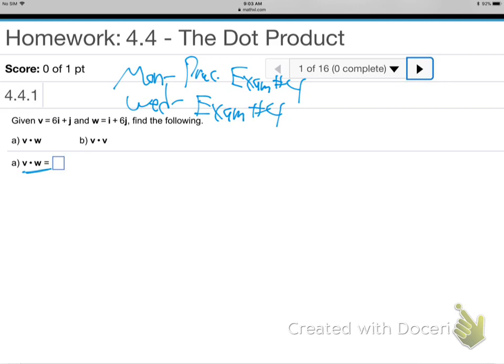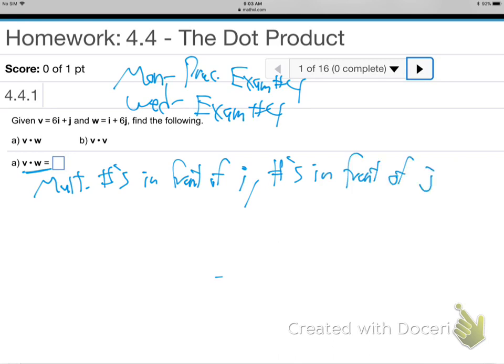So the dot product. What does the dot product mean? Let me give you the definition. It basically, let me just write it with words, then I'll maybe write some math symbols. Multiply the numbers in front of i, then multiply numbers in front of j, then add.